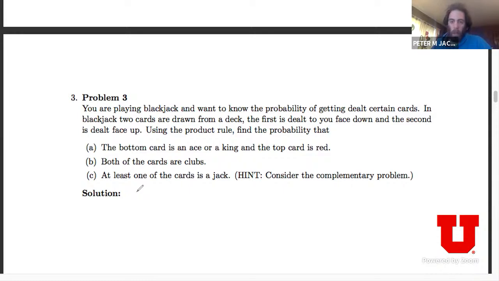It can be helpful when you're doing probability problems to have some notation in mind, to know what you're trying to compute the probability of. So let's have some notation. Let's let E1 be the event that the bottom card, I'll just call it card 1, is an ace or a king. And let's let the event E2 be the event that the second card, card 2, is red.